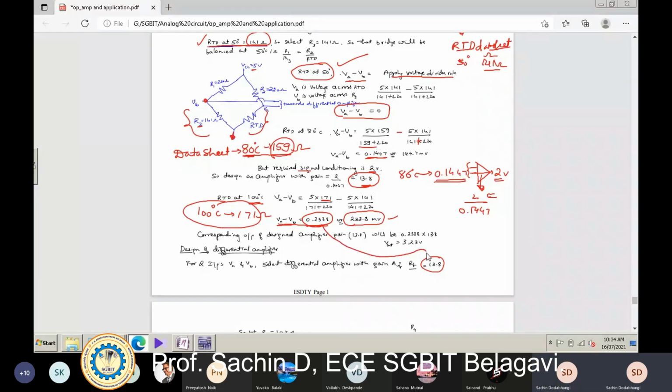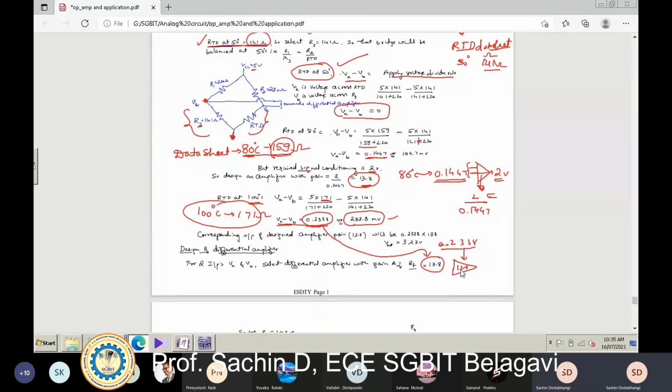This 0.2338 is given to a differential amplifier of gain 13.8. That is the output of the bridge circuit, VA minus VB, which we got as 0.2338, and it is given as input to the differential amplifier of gain 13.8.